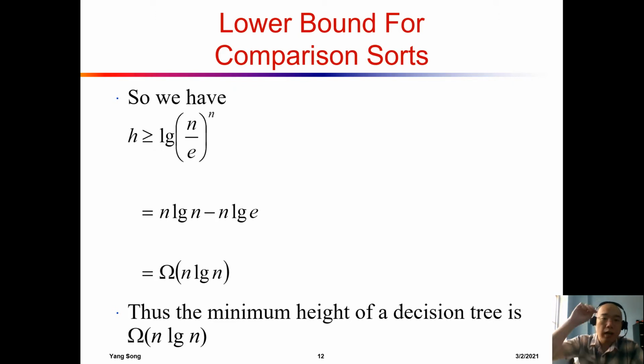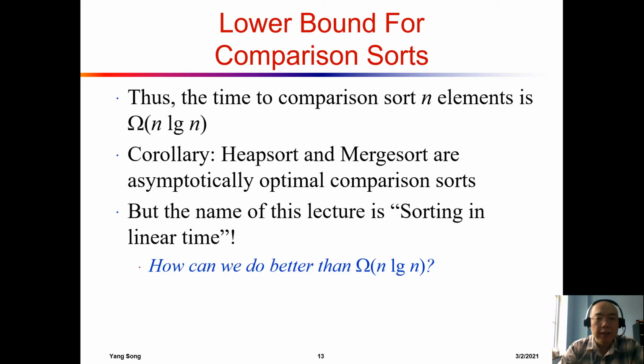So that is how many comparisons we have to do, and that is simply the time complexity. So the time complexity of a comparison sorting algorithm is omega n log n. Okay, so we have proven that as long as we are doing a comparison sort, the lower bound we can have is n log n.